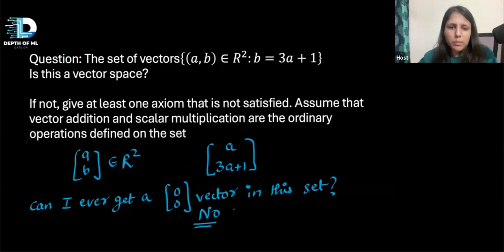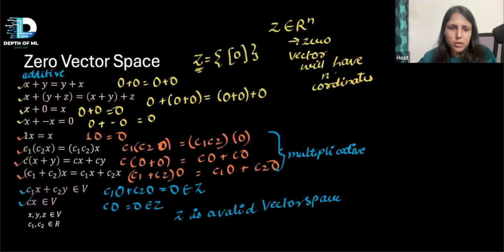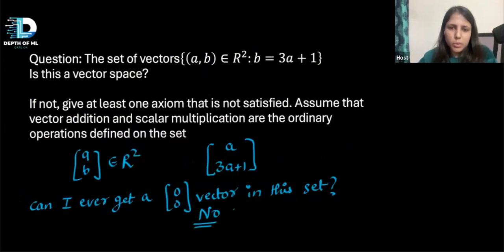Yeah, this is closed under multiplication, right? What about addition? Let me just see. If I add two vectors from this, yeah, it's not closed under addition, but it's closed under multiplication.